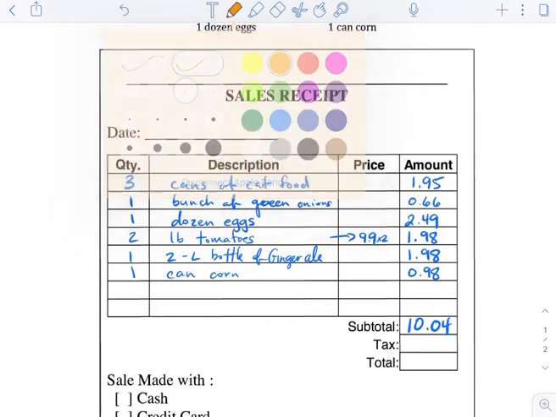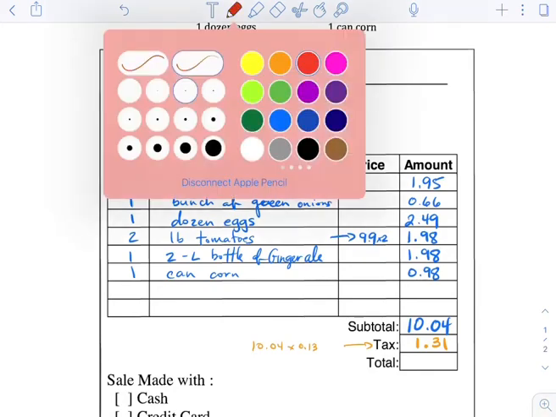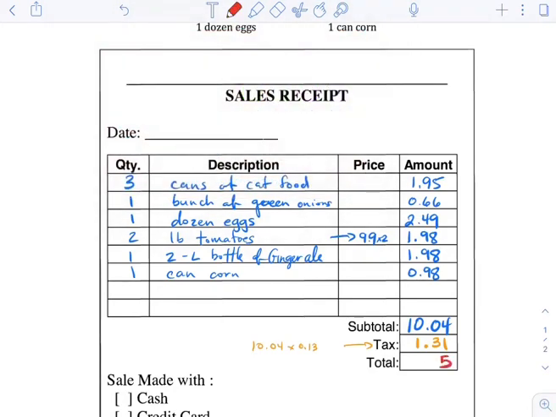Remember, the tax was 13%. So I'm going to be taking 10.04 times 0.13, because in Ontario, 13% is tax. As I've said a whole bunch of times by now, you're probably very familiar with that. But the tax is $1.31. And finally, our total, if we sum those together, is $11.35. That's the cost of our grocery bill.